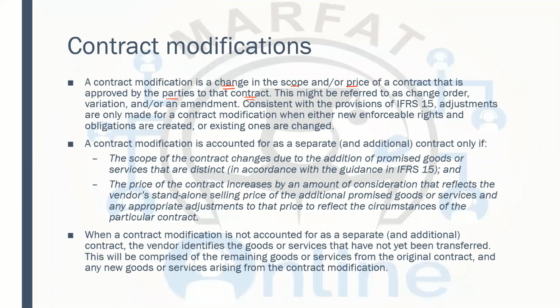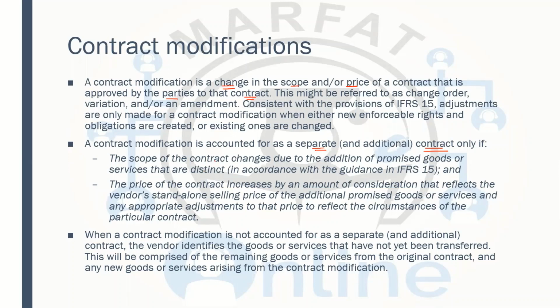And if that modification is imposing something new on the vendor, something new on the supplier, a new performance obligation is going to arise, then that means a new enforceable right, and the modification is going to be treated as a separate contract.